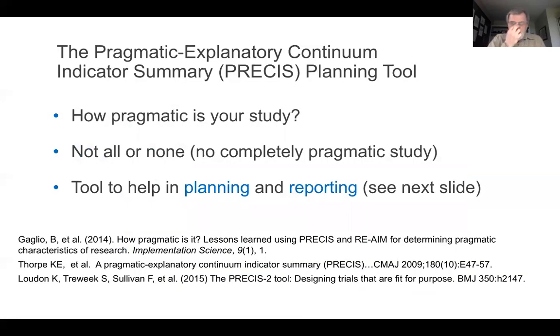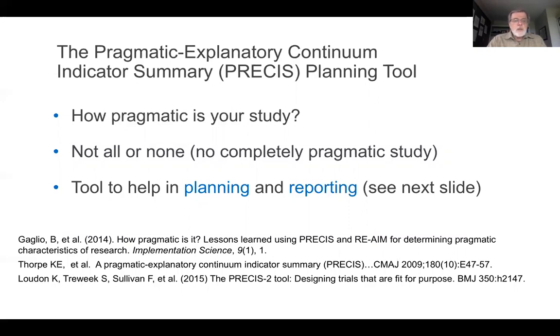So in terms of reporting, we like to recommend considering what's called the PRECIS tool for planning and reporting. It stands for the Pragmatic-Explanatory Continuum Indicator Summary. Because that's such a mouthful, we usually refer to it as PRECIS here. And its goal is to help you think about how pragmatic is your study.